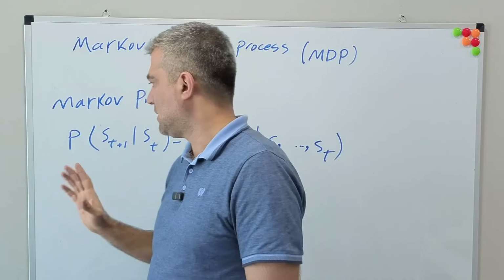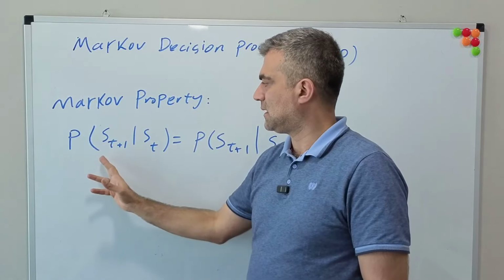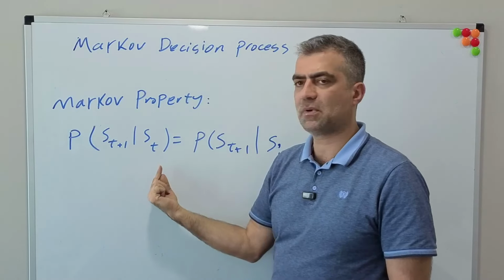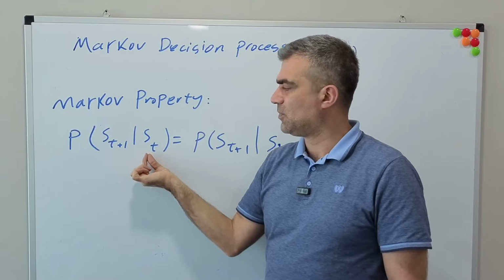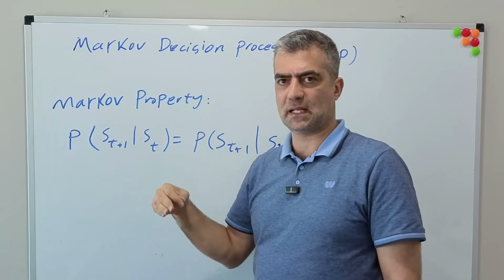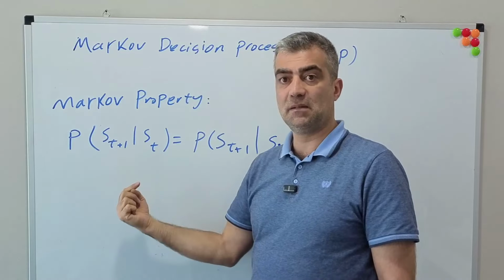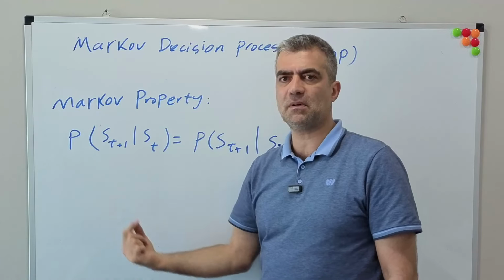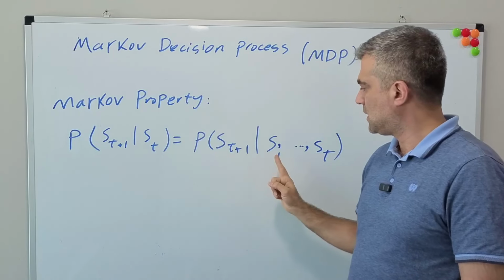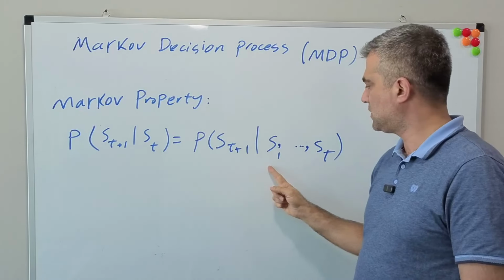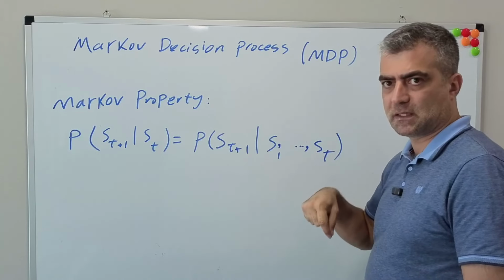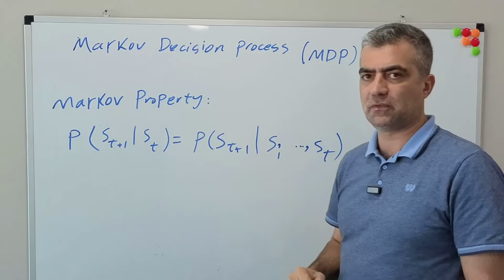Yeah? Mathematically, it can be written like this, that the transition probability of moving from state T, the current state, to the next state, state T plus 1, is equal to the probability of being in all past states, including the current state, and then moving to the future state.